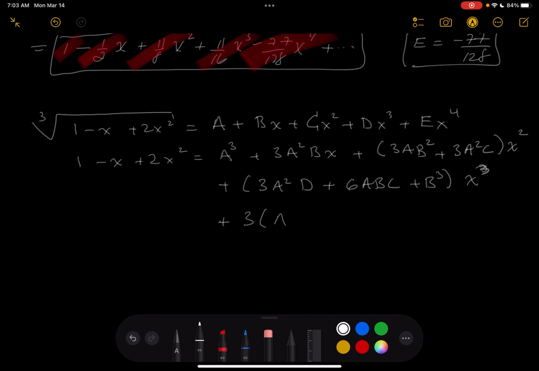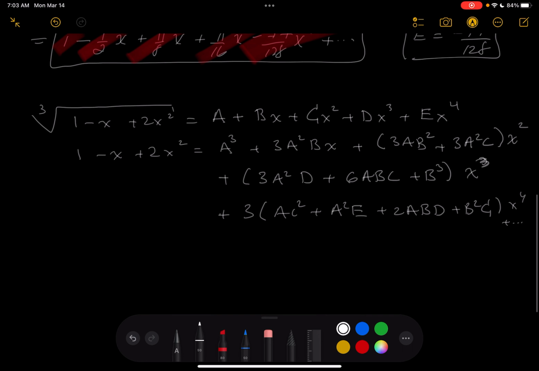Then 3ac squared, plus 2abd, plus b squared c, for x to the 4th. By the way, this goes on forever, and we just don't have the time to do that.